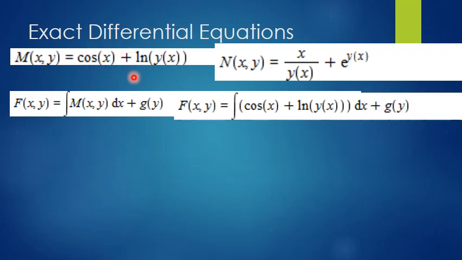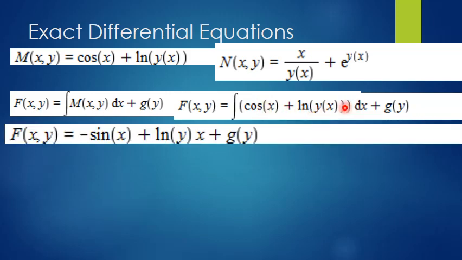So let's do this. Here's my M. I'm going to do this integral. Well, I have to integrate cosine x dx. That's equal to minus sine of x. And then I have to integrate this function that just has y in it. Well, that's a constant. So that will factor out front, and I will just be integrating dx, which gives me an x. And so this would be my answer.